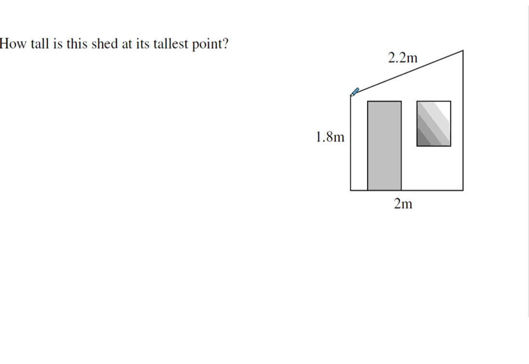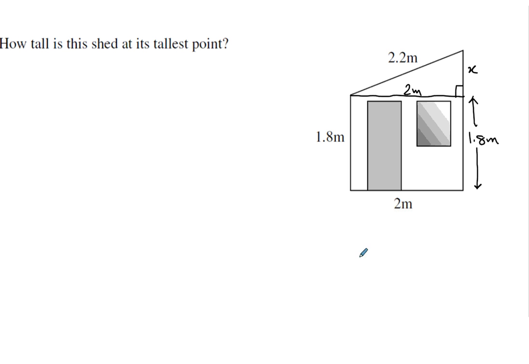And when I look at the diagram, I think, if I actually drew that line, then that distance there would be 1.8 meters as well. And the minute I draw that line, can you see we've got a right angle triangle, and that is also 2 meters, the horizontal length. So here all we need to find out is this x here.